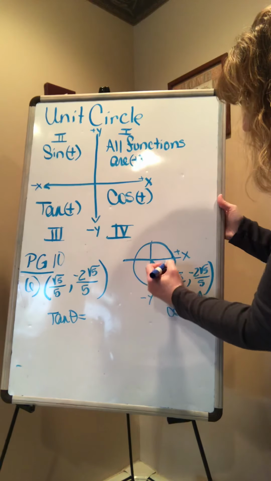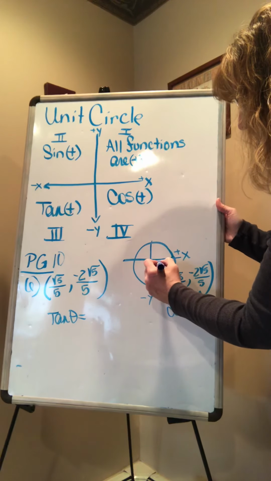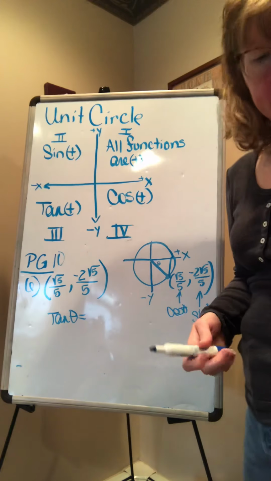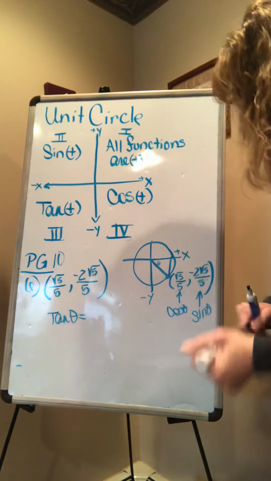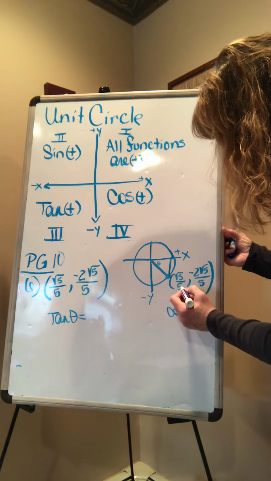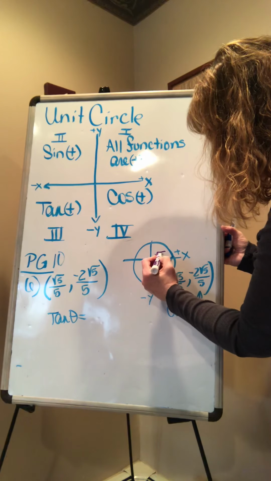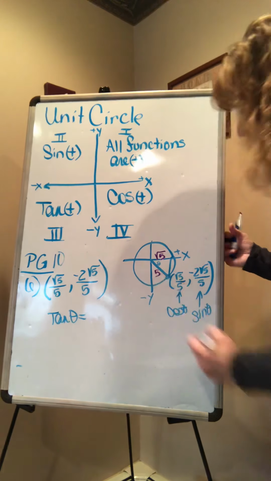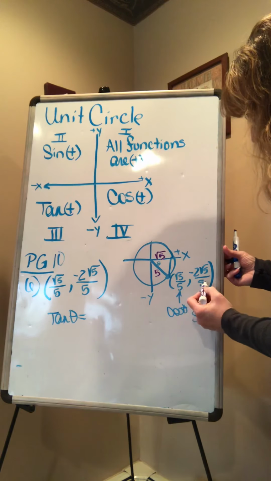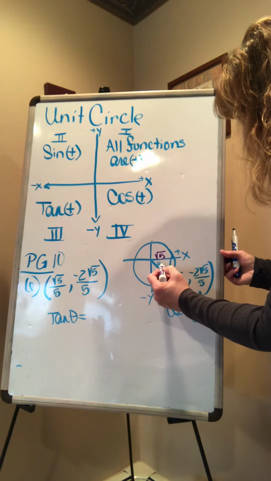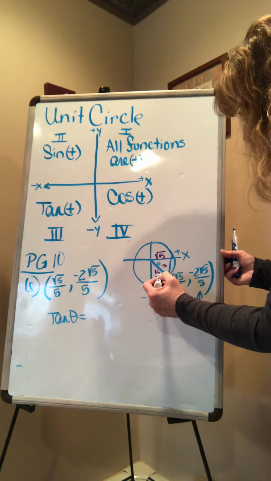Or if I think about this in terms of labeling a triangle, which if you label your triangle, it's always going to be easier. Cosine is adjacent over hypotenuse. So my adjacent side would be rad 5 and my hypotenuse is 5. And then sine is opposite over hypotenuse.